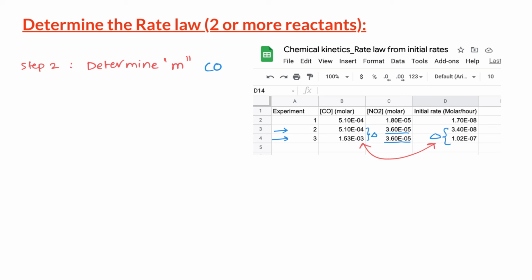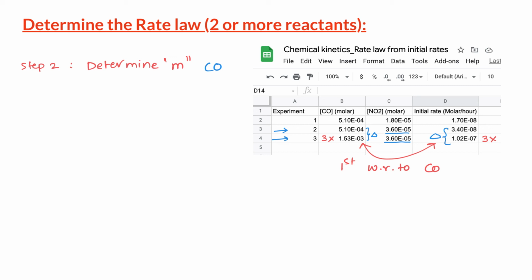Again, if we look into the data, we increased the concentration of carbon monoxide by 3 times. And what happens to the initial rate? The initial rate also increased by 3 times. Now, what does this mean? This means that the reaction is first order with respect to carbon monoxide.